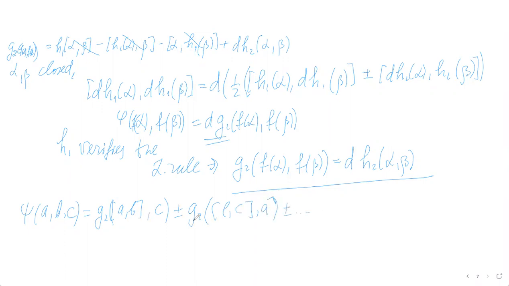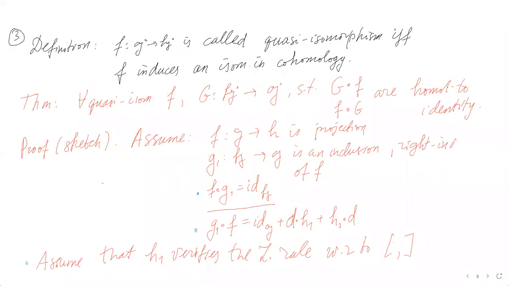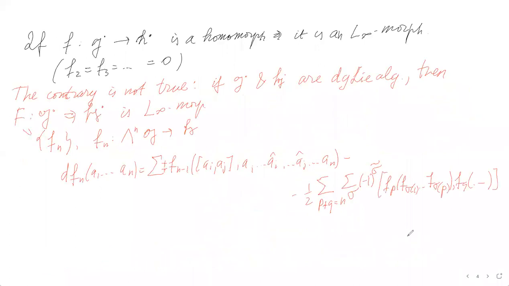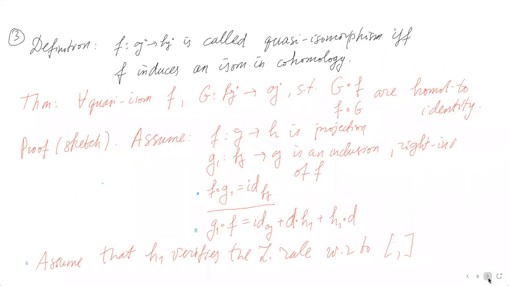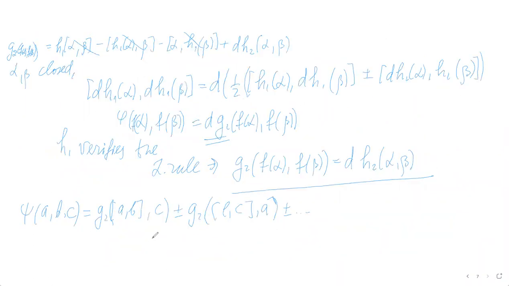So we just take these kinds of elements. If you look at the definition of an infinity map, it is just this part of the identity. And we subtract the remaining part, and it's just G2 of A, B, comma, G1 of C, and so on. The remaining part is just given by the same cyclic permutation.